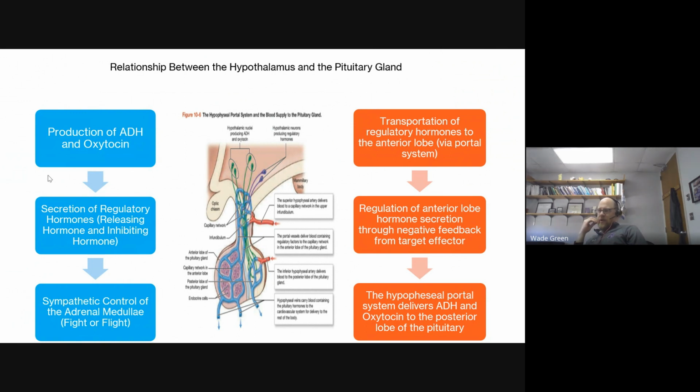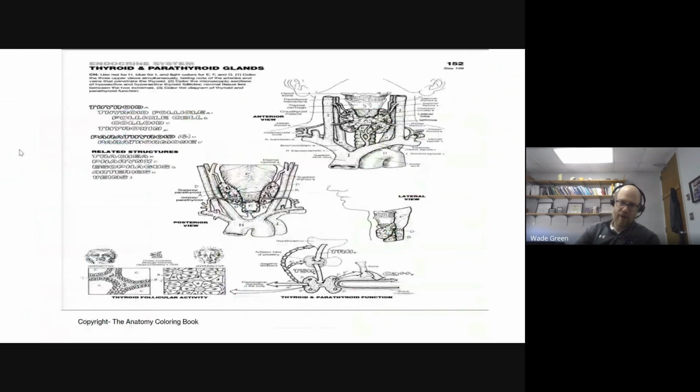As you can see in the picture, there is direct communication of neurons from the hypothalamus to the pituitary that help us promote or inhibit direct secretion of paracrine secretion from the anterior pituitary. So the pituitary not only releases hormones, but also has a regulatory effect on the anterior pituitary.